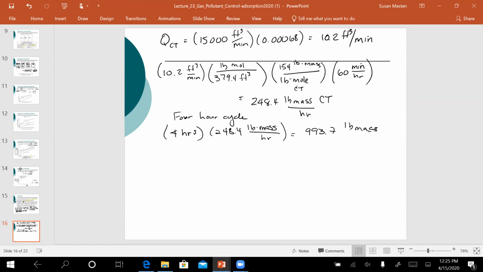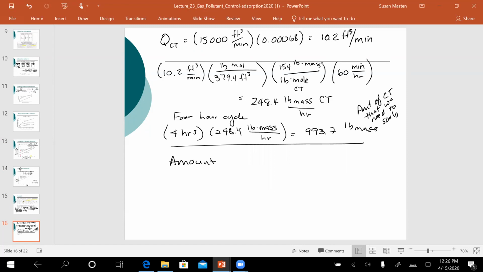And so that's how much carbon tet we need to sorb in that 4-hour time period. So the amount of activated carbon, this is the amount of carbon tet that we need to sorb.